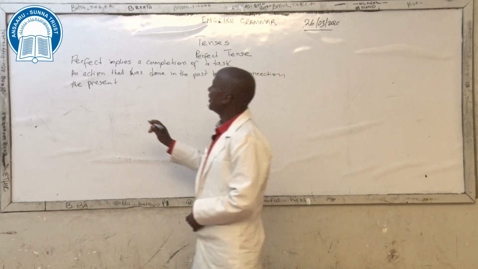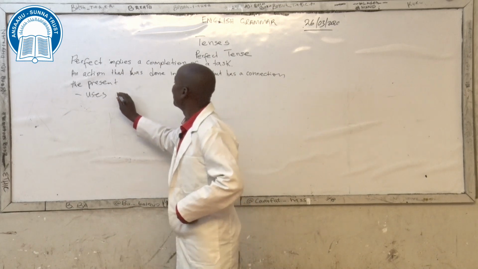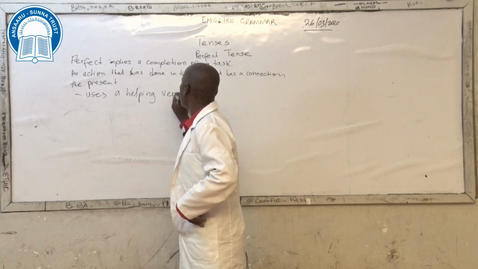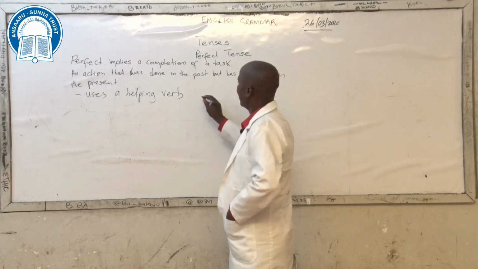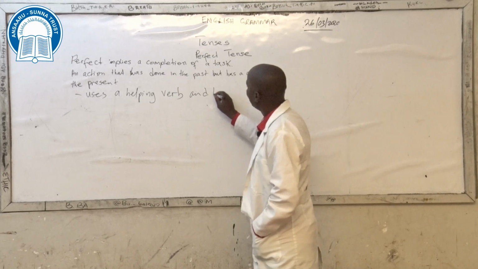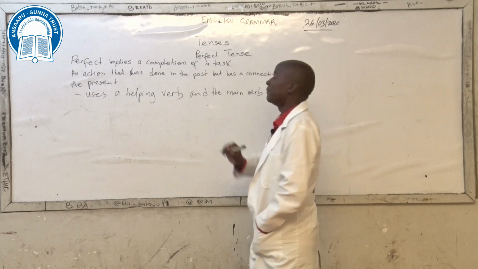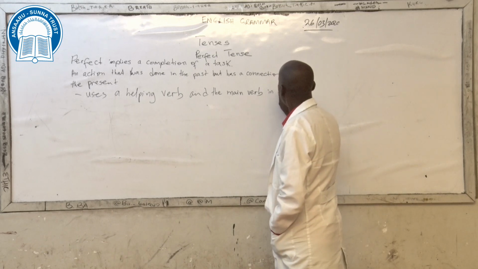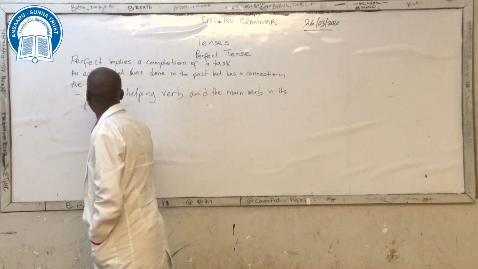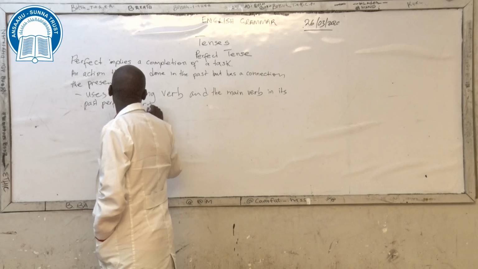Perfect tense uses a helping verb and the main verb in its past perfect form.